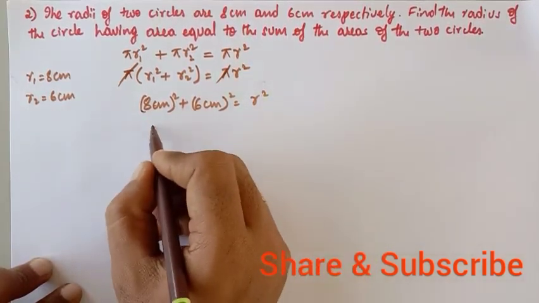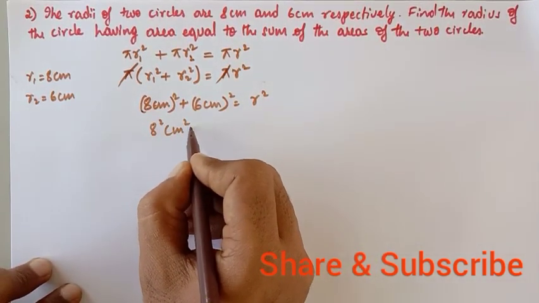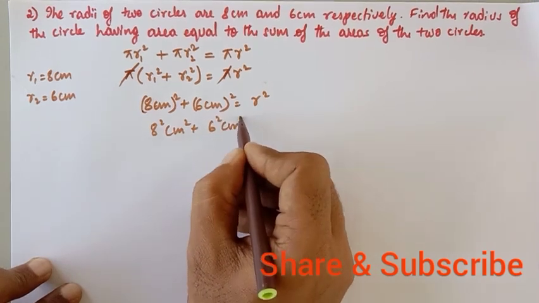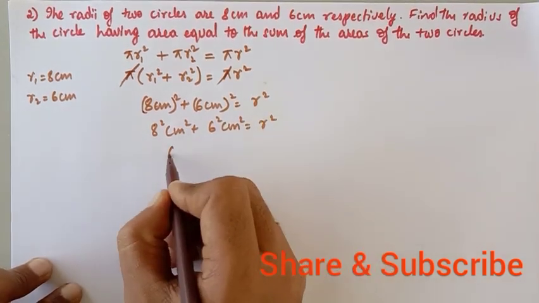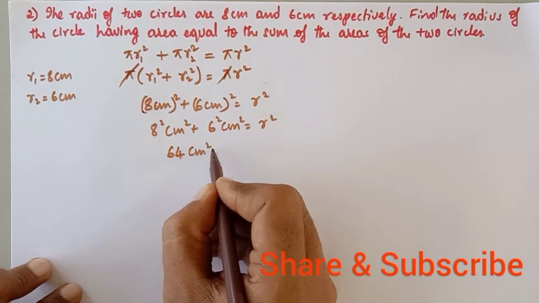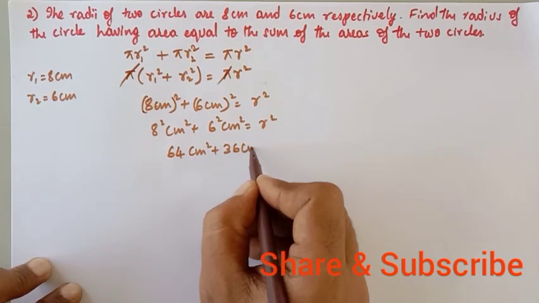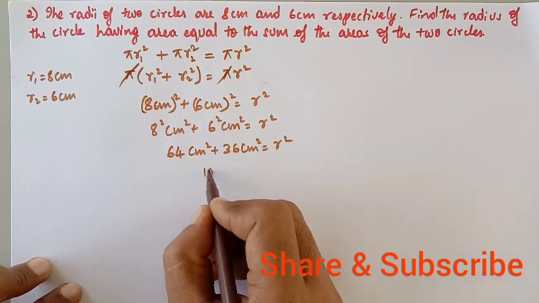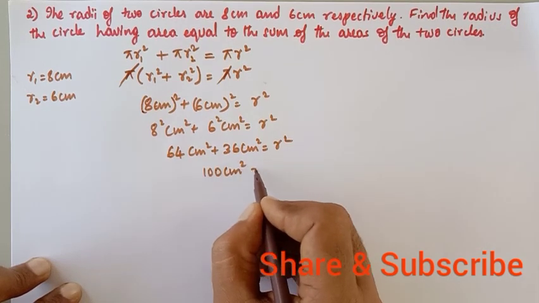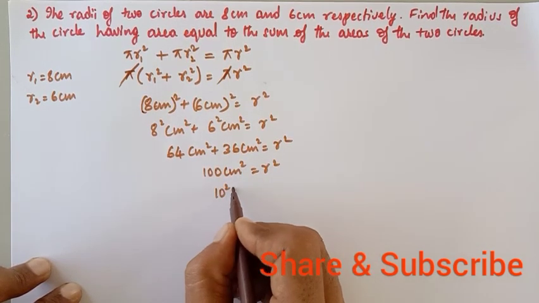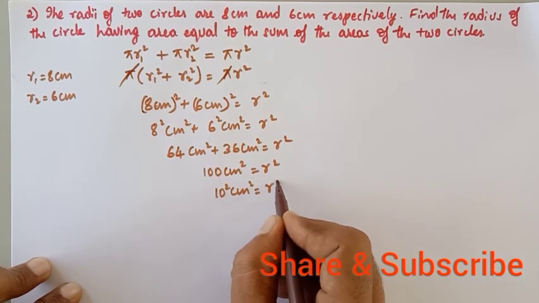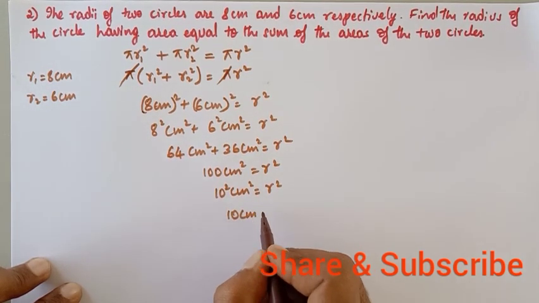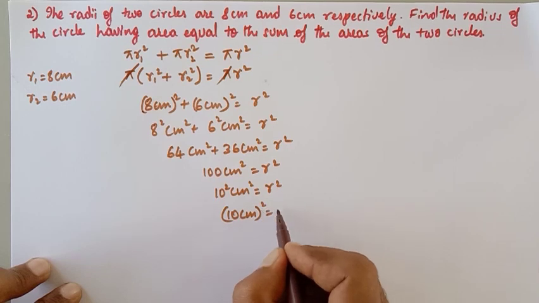So here 8 square centimeter square plus 6 square centimeter square is equal to r square. This is 64 centimeter square plus 36 centimeter square is equal to r square. If we add up these two, 100 centimeter square is equal to r square. 10 centimeter whole square is equal to r square.